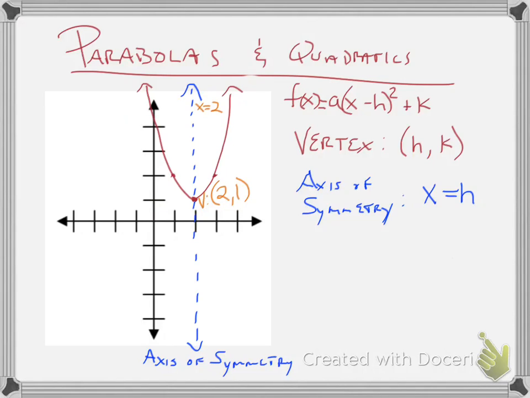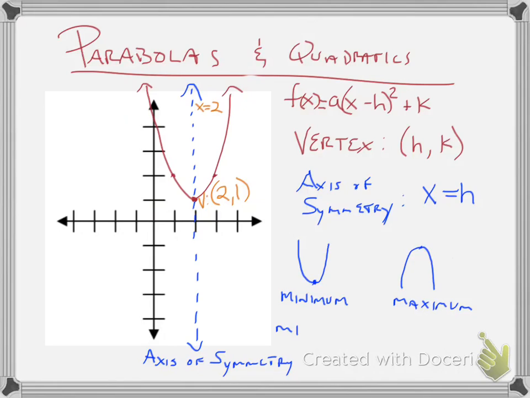The vertex is either the highest point or the lowest point on the graph, and if it's the highest point, then it's a maximum, and if it's the lowest point, then it's called the minimum. So basically, if it's opening up, then it's going to be the minimum, because that's going to be the lowest point. If it's opening down, or a sad face, then the vertex is going to be a maximum.